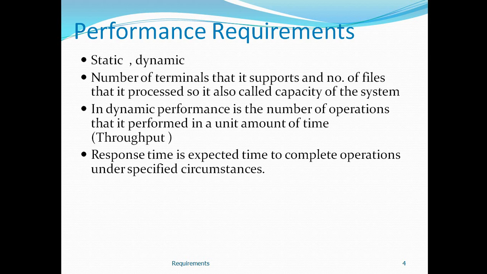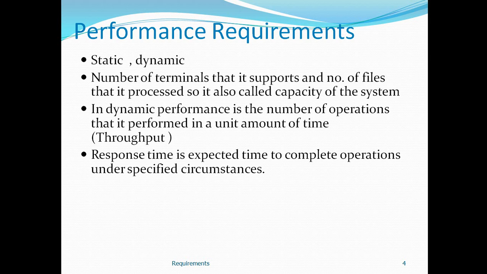Similarly, in the dynamic performance, the number of operations that it performs in a unit amount of time is known as dynamic. The job or task is to be completed in the given amount of time. So this is performance, how fast it is. That ought to be considered in dynamic performance.